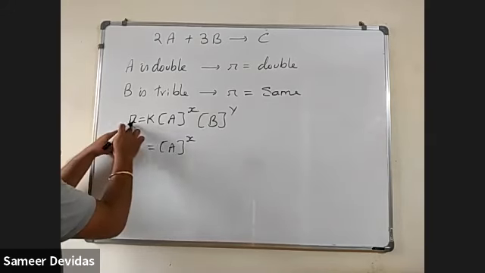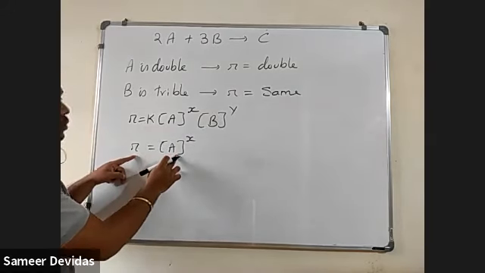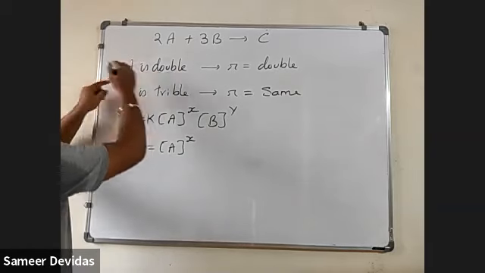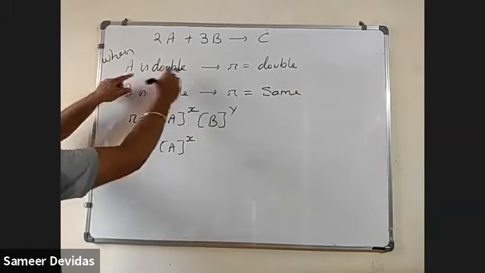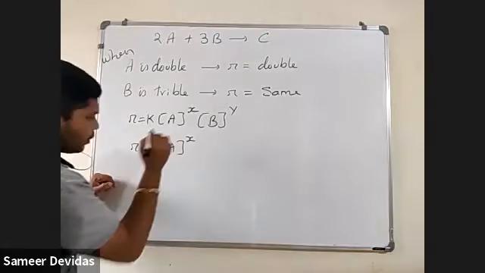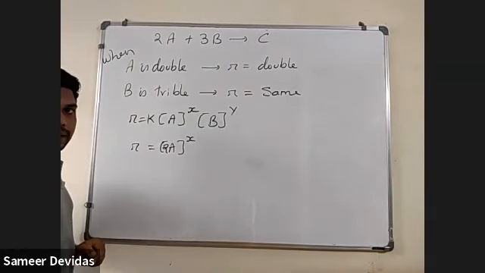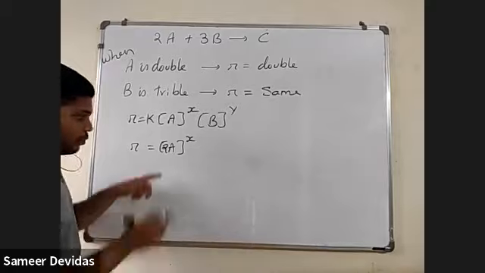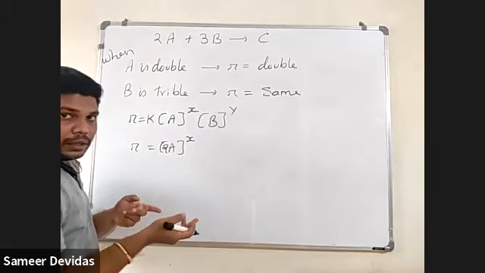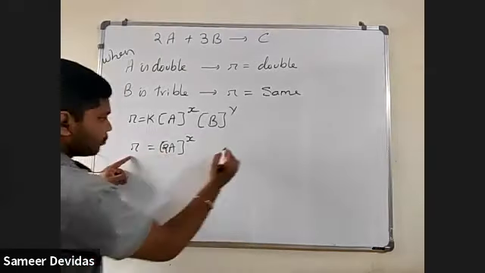I'm just comparing R and A now. When A is doubled, how are we going to write this?